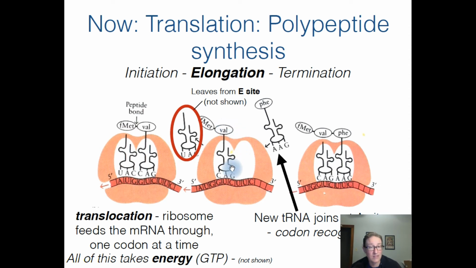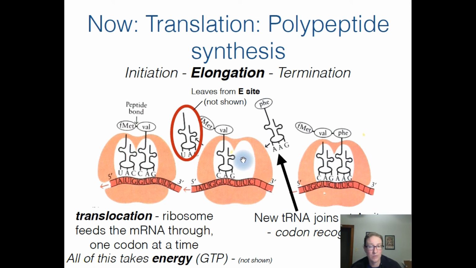And then once the second tRNA is in this P site, that means the A site's empty again for the next tRNA to come in and match up with its anticodon. So there's a recognition process at this A site for the next tRNA.